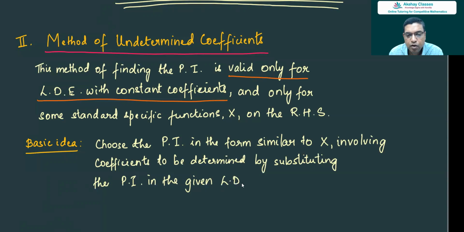So we assume a PI to be in a form similar to the right hand side with some unknown coefficients, substitute it, and we can solve.